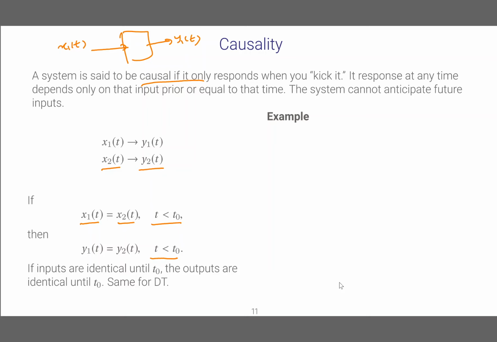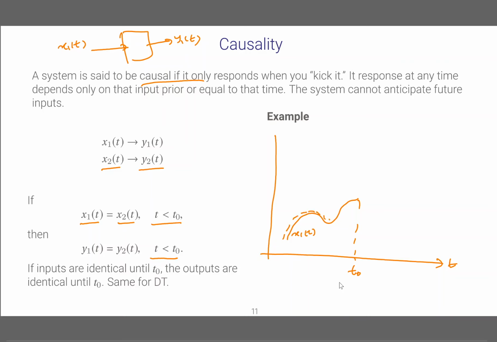Okay, so to show why causality implies this, we need to draw this signal to show you. Now this is the time axis. Let's consider that this is x1(t). Up until t0, x1(t) is identical to x2(t), which I will draw using a dotted line.